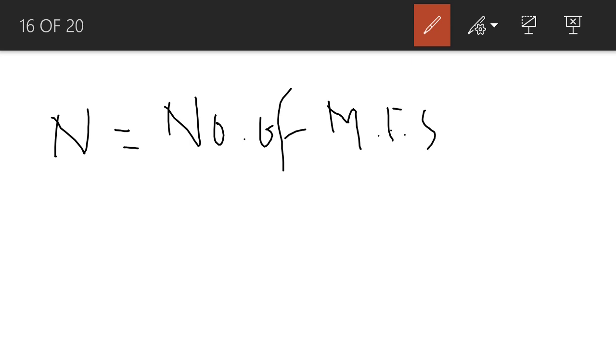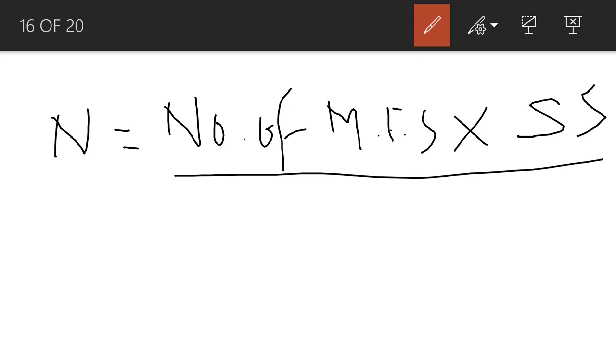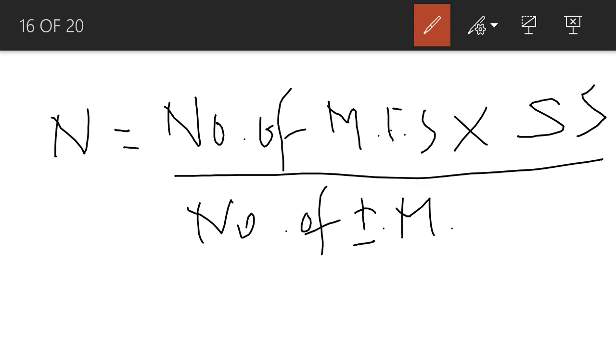So N is going to denote the total population size, and it is equal to the number of marked individuals in my first sample multiplied by my second sample size, and overall we are going to divide it by the number of individuals which were marked previously in the first sample and are found in your second sample. So this is the formula to calculate the size of the population.